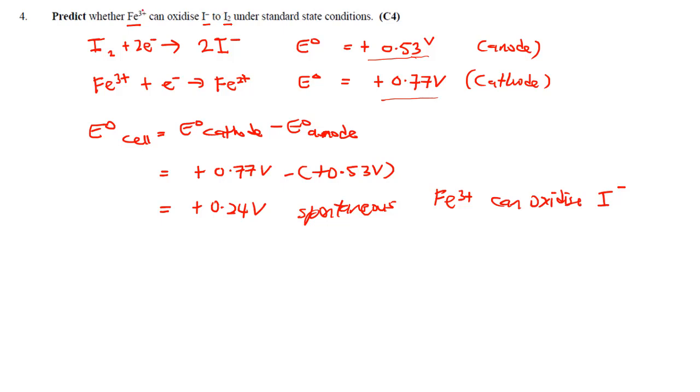So maksudnya Fe3 plus kalau dia boleh oxidizekan I minus kepada I2, diri dia sendiri akan melalui reduction. Kalau diri dia melalui reduction, mestilah E0 dia tu lebih positif, dan I minus yang kita nak oxidize kepada I2 tu, E0 dia lebih negatif. So actually based on the value pun kita dah boleh bagi tahu sama ada boleh ke tak boleh.